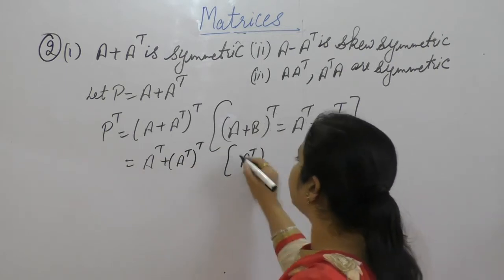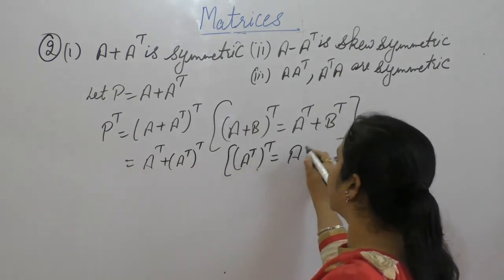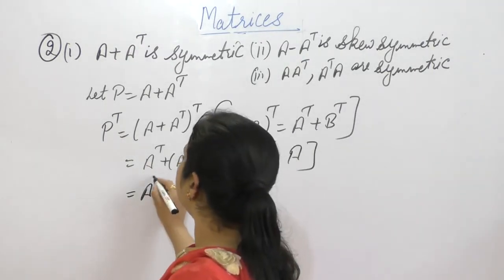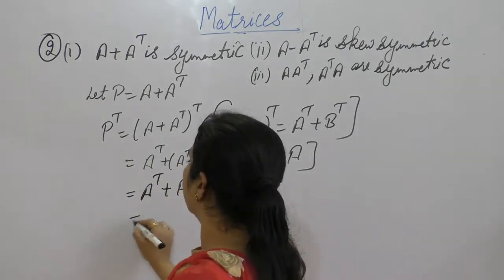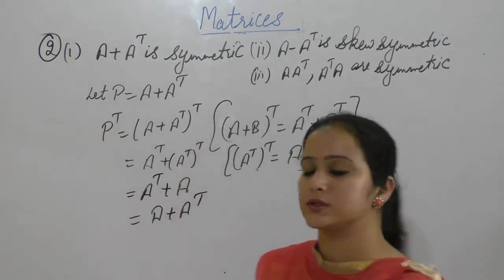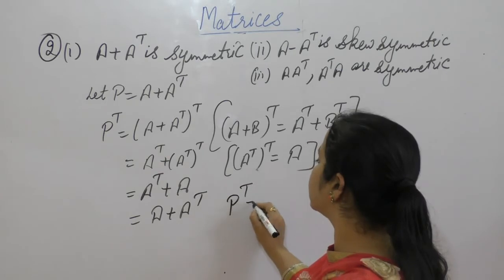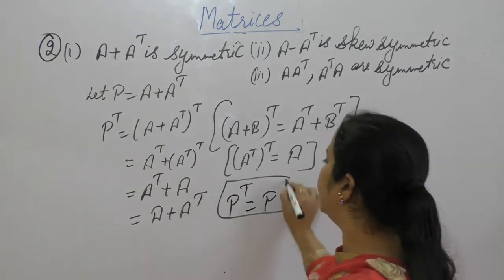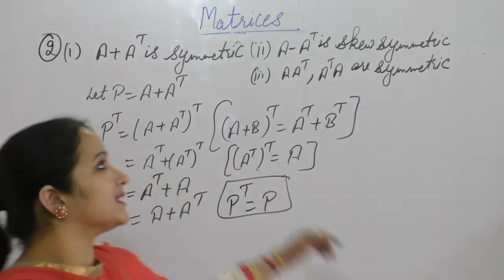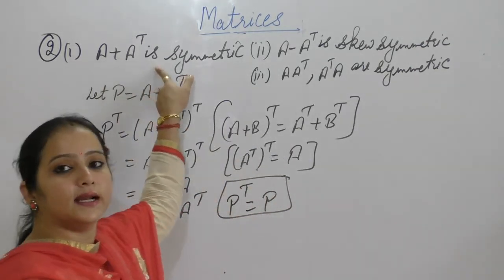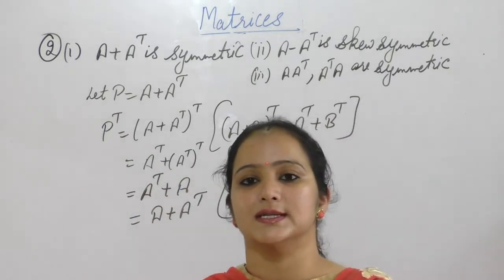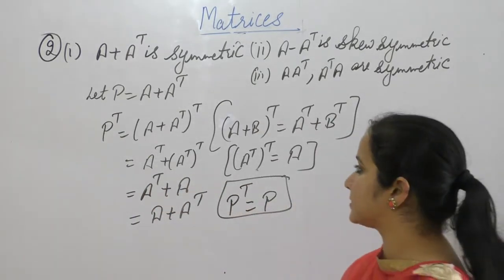We know A transpose transpose is equal to A. So it is A transpose plus A, or we can write it as A plus A transpose. So P transpose is equal to P. Therefore P is a symmetric matrix, and P is A plus A transpose. Therefore A plus A transpose is a symmetric matrix.